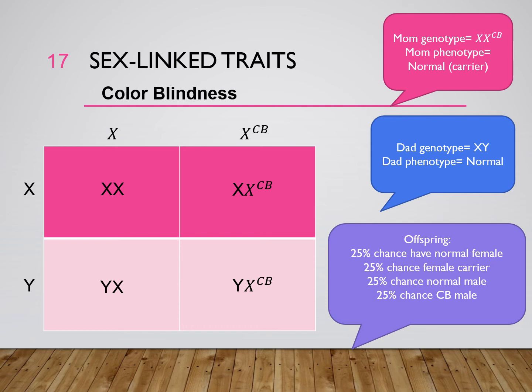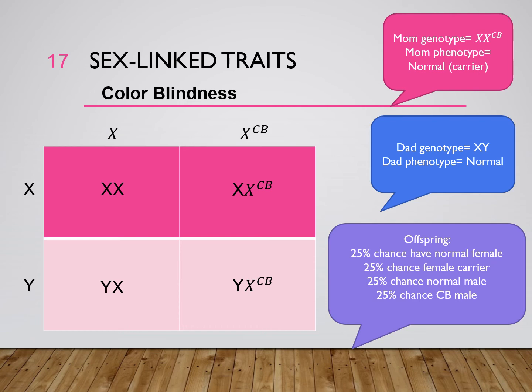But 25% chance normal female, 25% chance female that is a carrier. Again, eyesight's going to be normal with this female, but they are a carrier. They could potentially pass that on to their offspring if dad were to donate another X with the colorblind recessive gene.